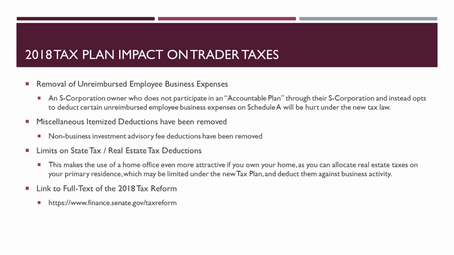So the practical effect of this is taking a home office deduction is even more crucial now, particularly if you're in a higher tax jurisdiction, Northeast or West Coast. Washington State notwithstanding, since there's no state income tax. But in any event, taking a home office deduction is going to allow you to deduct at least the business portion of real estate taxes. So again, these are things that you should be thinking about.